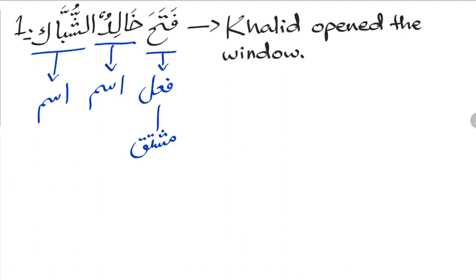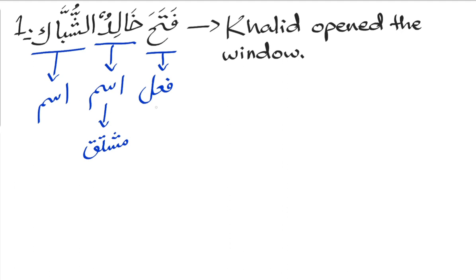Khalidun, well actually the mushtaq applies to the word khalidun, because mushtaq is a category of ism, not of fi'l. And Khalid is derived from the word khaldun. So that's why it's a mushtaq word. Fataha, now let's go back to the fi'l.